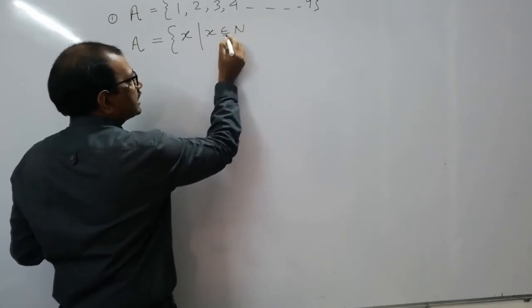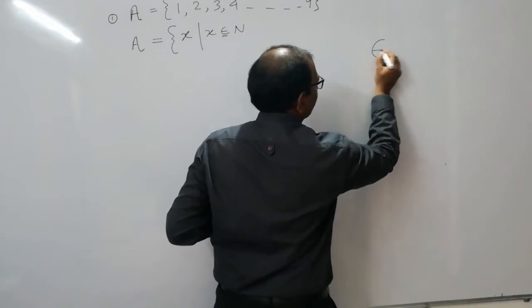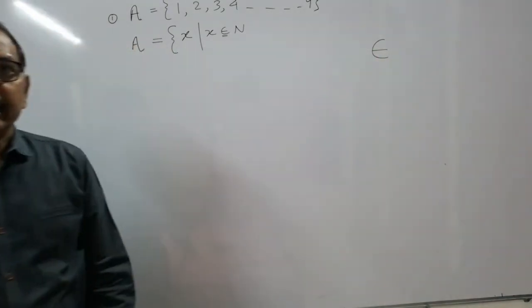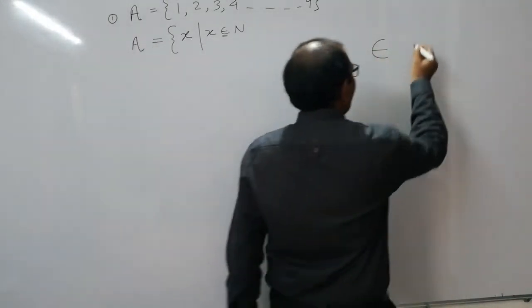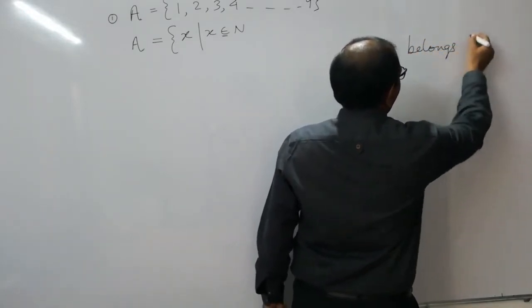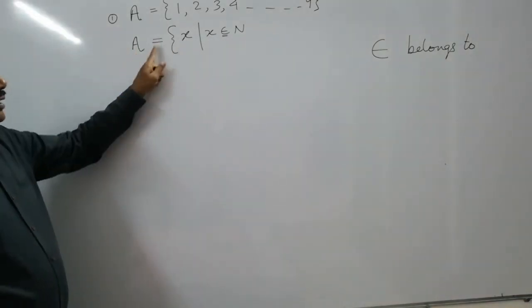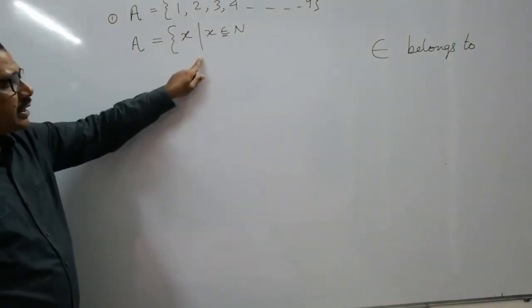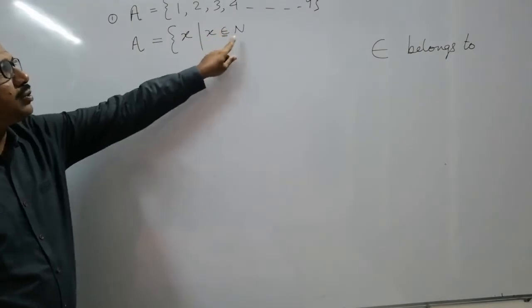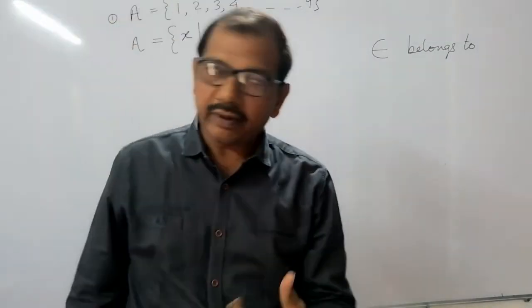Now remember this symbol, how did we write it? Round, half round, and a line in the middle. And the name of that symbol is belongs to, right? So A is a set of all x such that x belongs to N. Capital N is an abbreviation used for natural numbers, right?